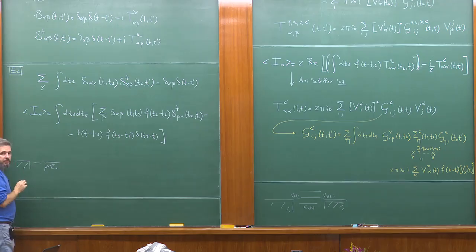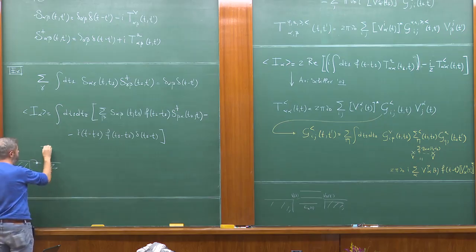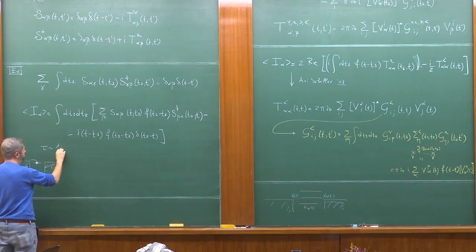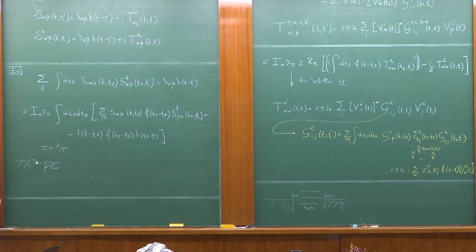I have this resonant level. An electron comes in and stays here for a while, right? How much time does it stay here? It stays here for a time, let's say tau, of order 1 over gamma, because then it escapes, because of the coupling to the leads.